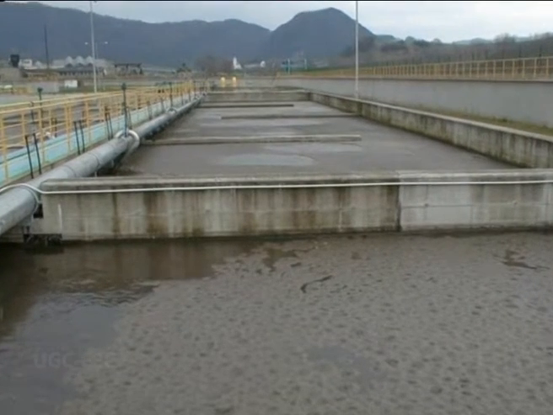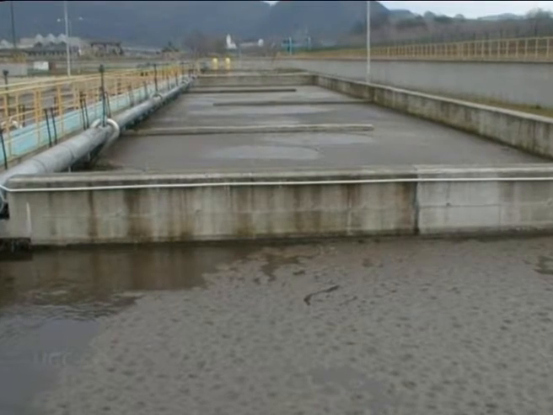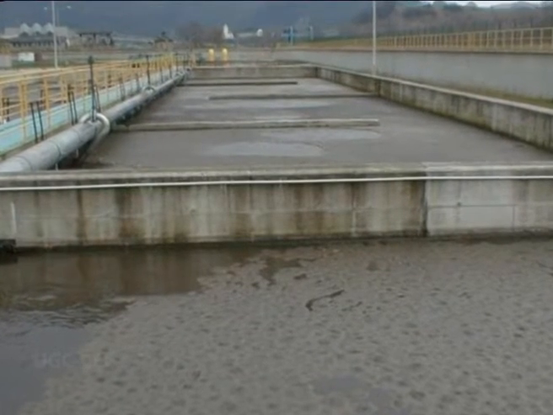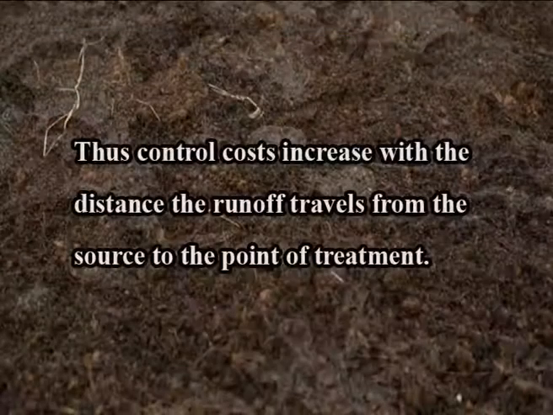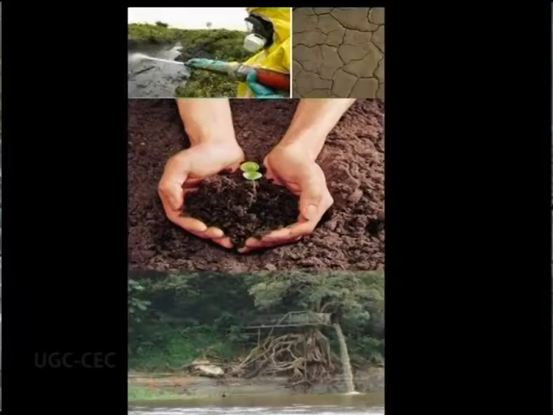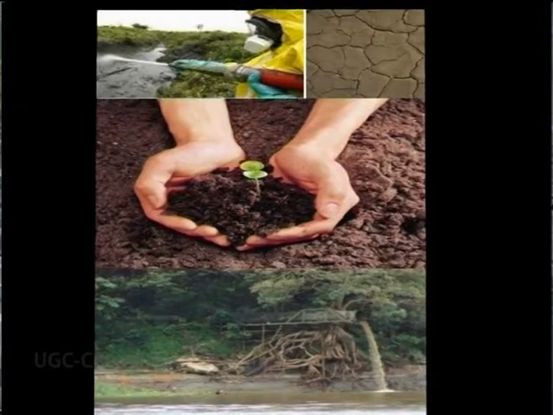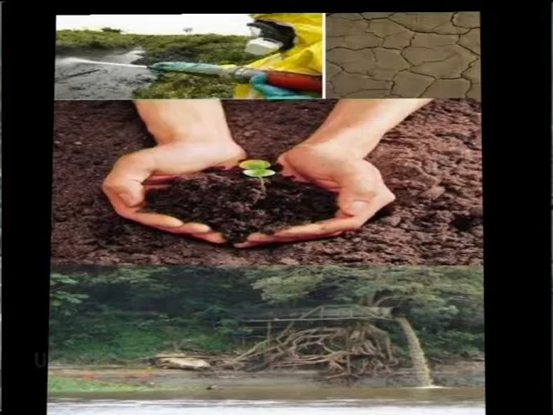Highly concentrated polluted loads require less expenditure per unit of pollutant removed than pollutants occurring in low concentration. Thus, control costs increase with the distance runoff travels from source to the point of treatment. So, this introduces the basic philosophy behind the selection of best management practices.